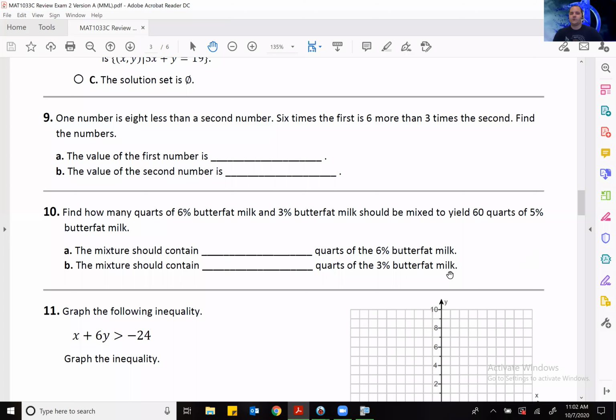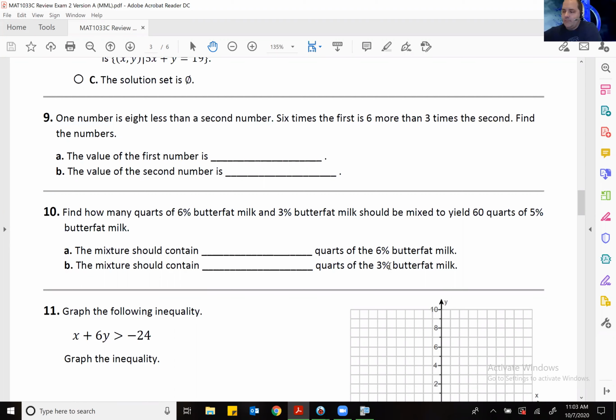All right, so we'll talk about those in just a second. But before, I want to talk about our variables. We got a 6% butterfat milk. We've got a 3% butterfat milk.